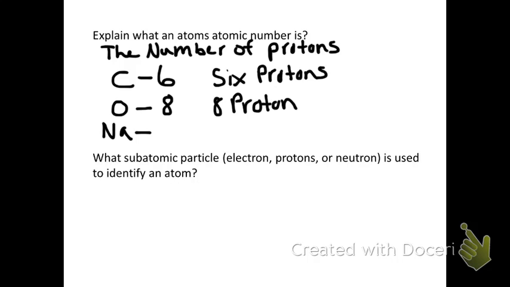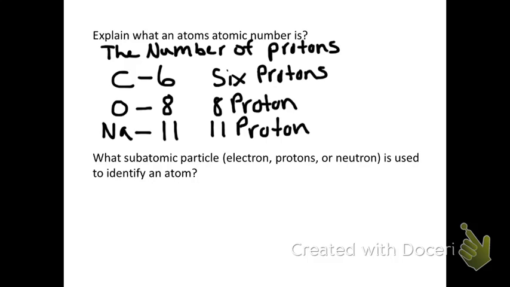How many protons does it have? It should have 11 protons because it has an atomic number of 11. Alright, so make sure you understand what the atomic number of an atom is and be able to identify the number of protons that an atom actually has.